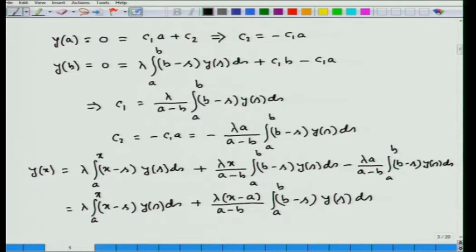Now, for simplicity we can absorb the minus sign involved with the second integral in the denominator, that is, we can change a minus b to b minus a, and then it will be (s minus b).